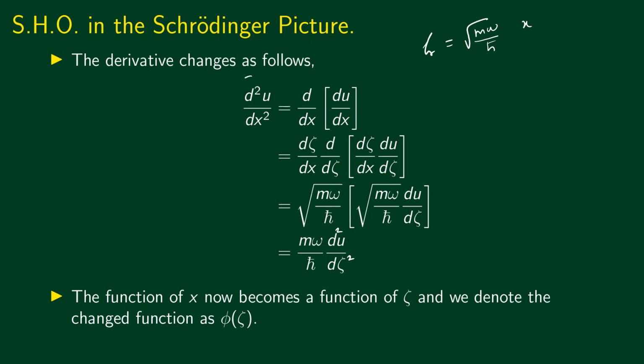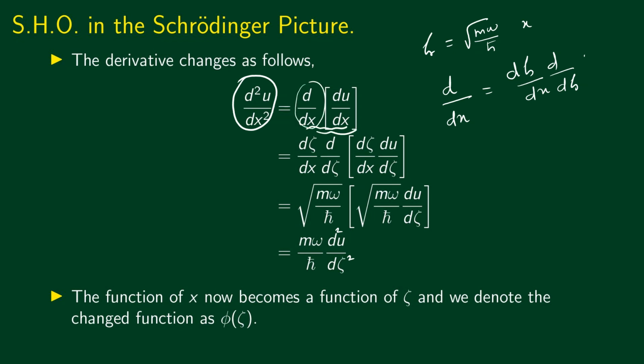First, we need to see how the derivative changes. We know that the derivatives change according to this rule. If we have d by dx, we can write this as d zeta by dx multiplied by d by d zeta. So here we have d square u by dx square, which can be written as d by dx of du by dx.